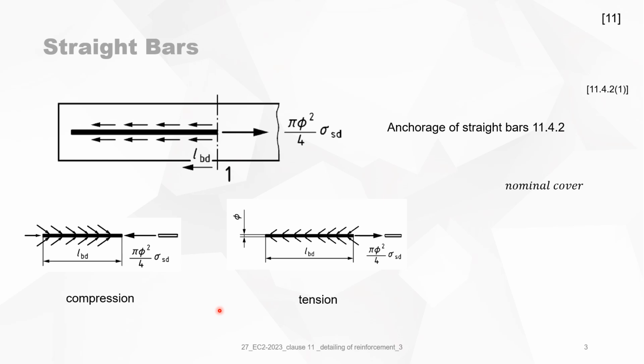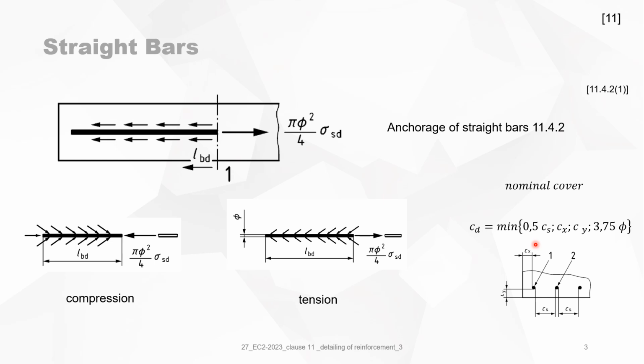A definition of nominal cover for anchorage lengths is given by CD, the design value of the nominal cover. It is the minimum of half the clear distance of the bars, the concrete cover in the X direction, the concrete cover in the Y direction, and 3.75 times the diameter.